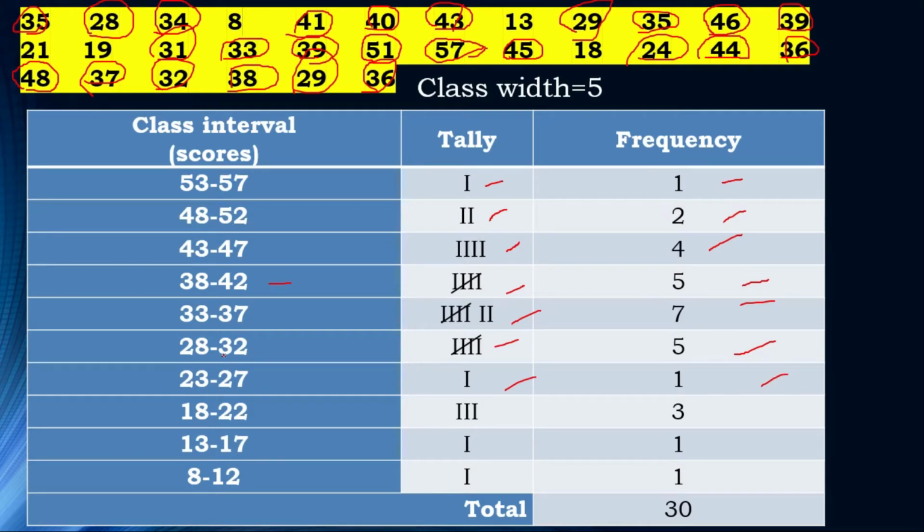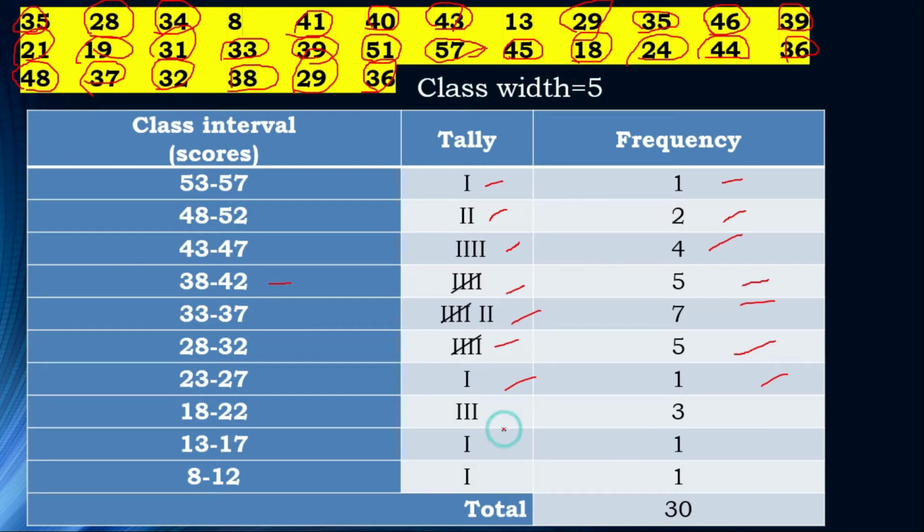Next is class interval na 18 to 22. So, meron tayong 18, 19, 20, 21 to 22. So, we have 21, 1, 2, meron pa ba? And 3. Yan.